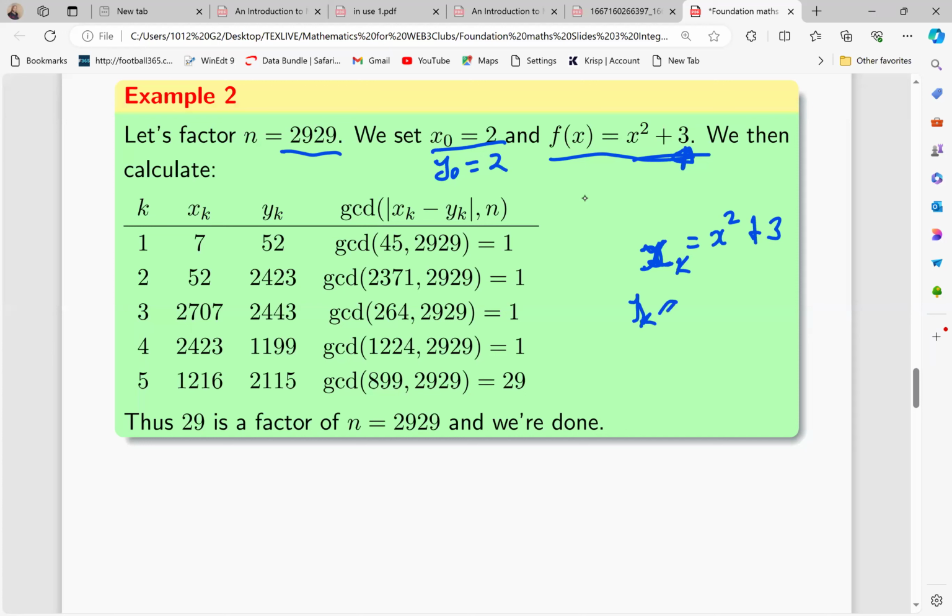Our yk is the value of y above squared, then you square this, then add 3 to the result. And every time we are doing this, we are doing it mod 2029. These are our formulas. So we just now use them to find the values.